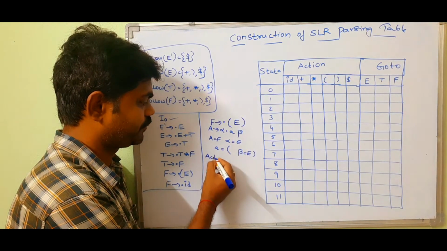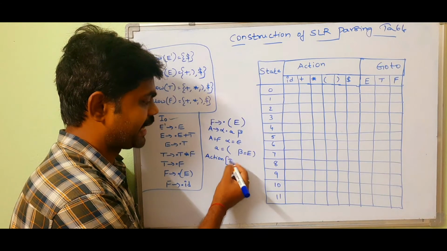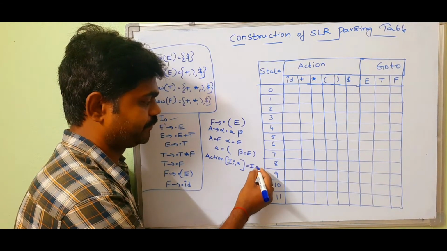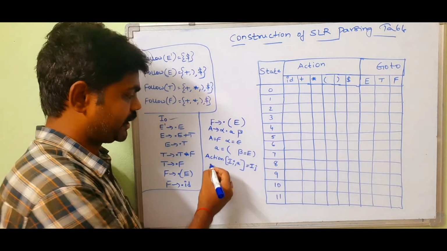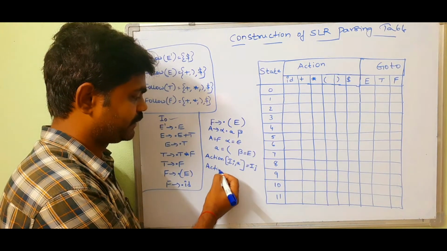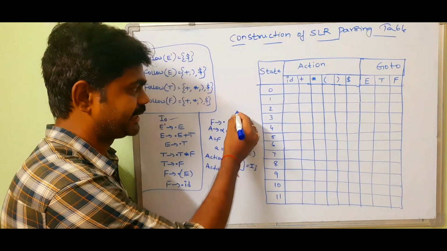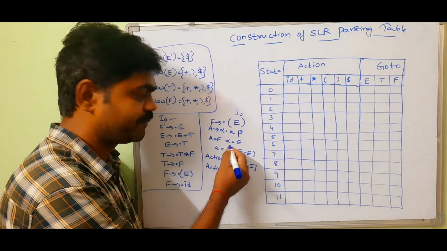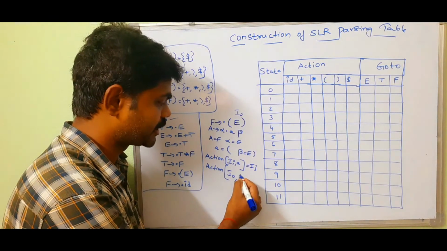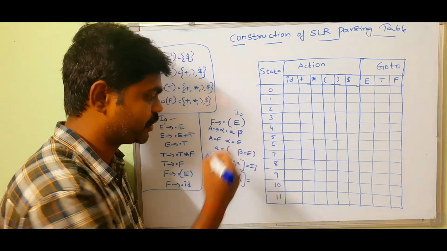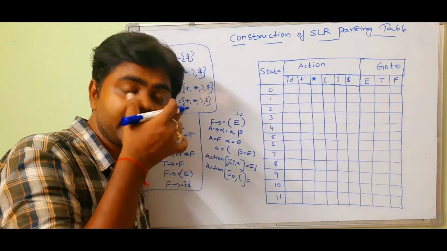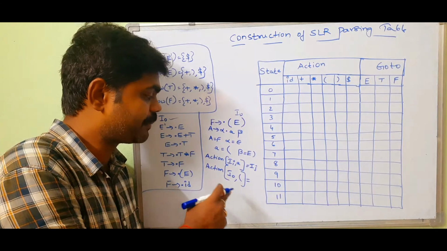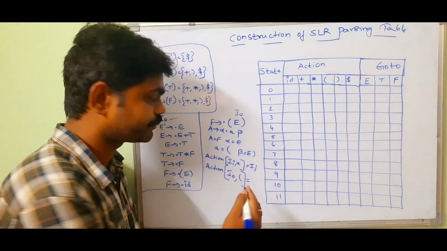Now what is the formula for us? Action of I comma A equal to Ij. Here we are calculating for I naught, and A is open parenthesis. So where are we going for I naught comma open parenthesis? If you see what we solved for I naught, I1, I2, I3, I naught comma open parenthesis goes to I4.